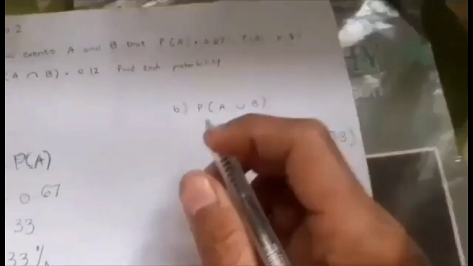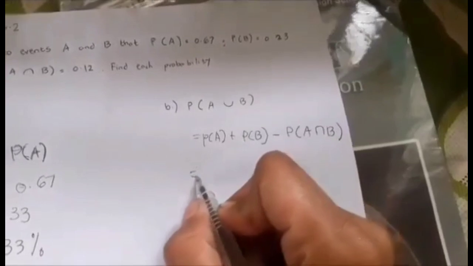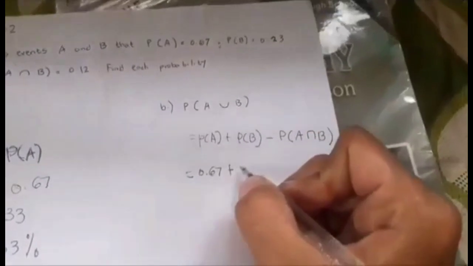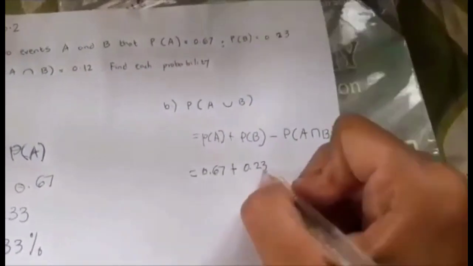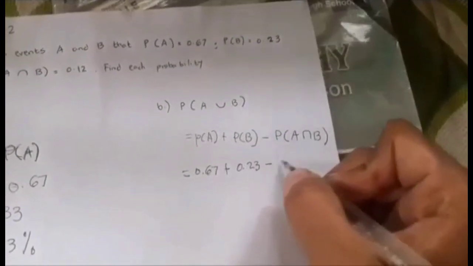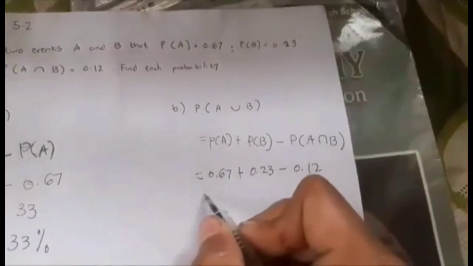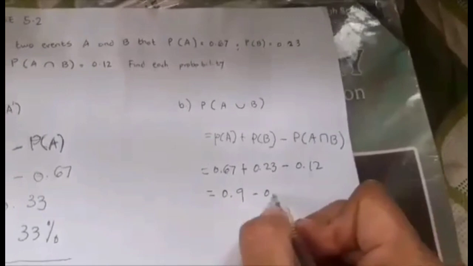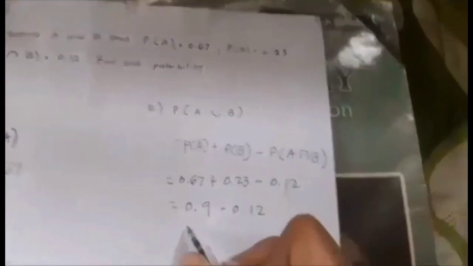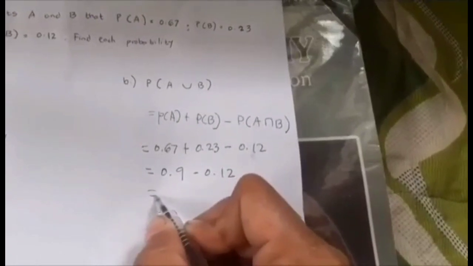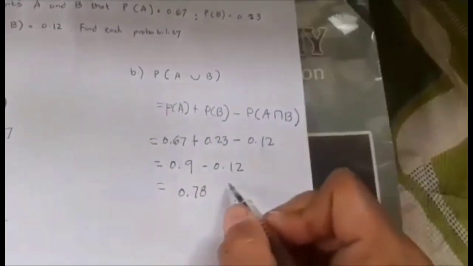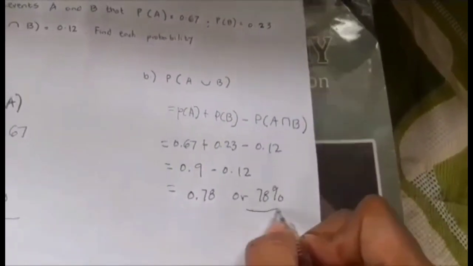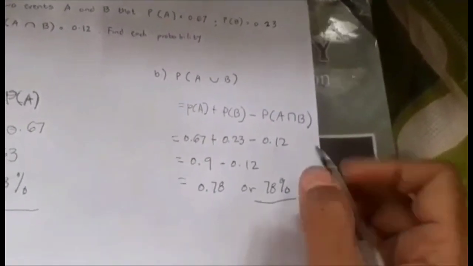So we put the probability of event A, which is 0.67, plus the probability of event B, which is 0.23, minus 0.12, which is the probability of the intersection. 0.9 minus 0.12 equals 0.78 or 78%. So that is the probability that you will find in letter B.